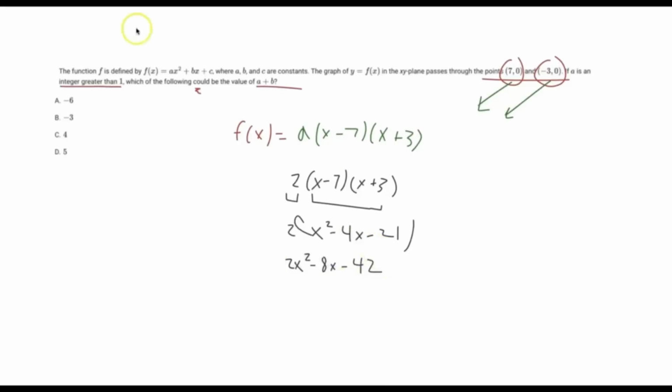Right, there we go. So it says, which of the following could be a value of a plus b? Well, here is our a value, and our b value right here. So our a value is positive 2, and our b value is negative 8. And if we add those together, positive 2 plus negative 8 is just 2 minus 8. That's going to give us the answer choice of A.